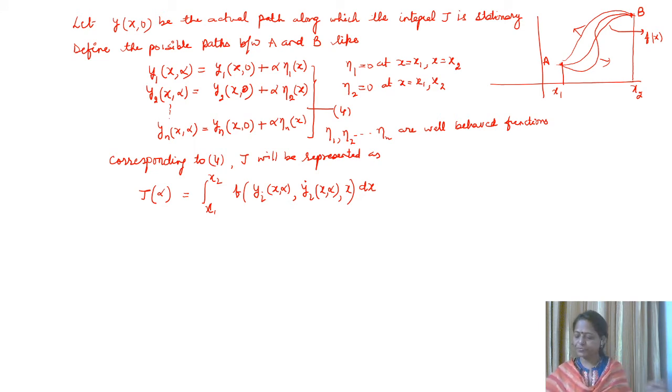Okay. So I have to make it stationary, or I have to find the path for which J is stationary.